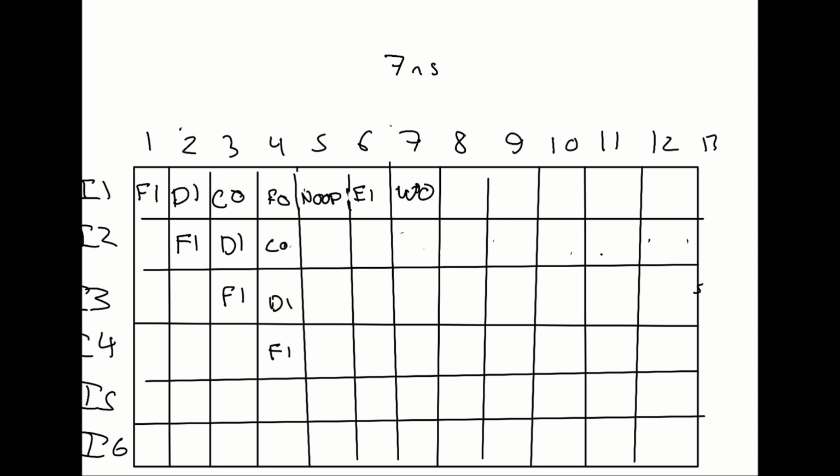And then here, we have an issue. We cannot start fetching an instruction on this line because fetch instruction is still fetching instruction 1. So we're like, stop. The assembly line has to halt. It can't work ahead of time.